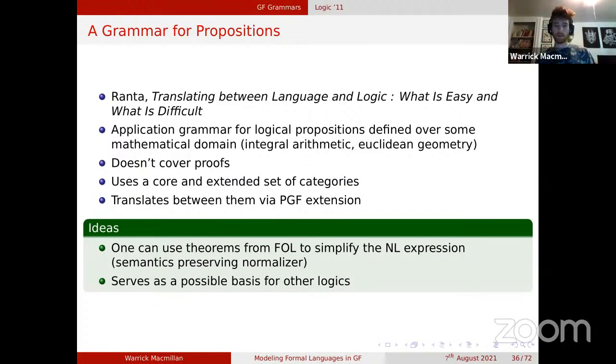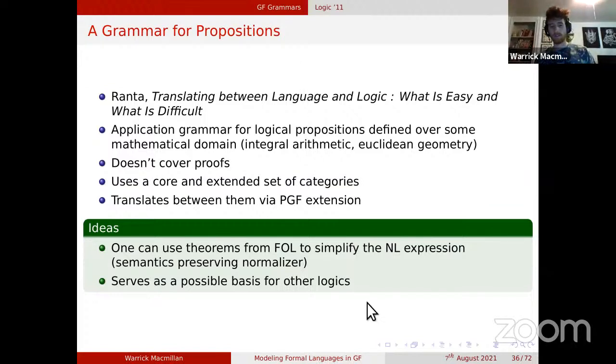It uses a core and extended set of categories, so it translates via PGF. So hopefully this serves as a prelude for what PGF can do, which you'll see later with Inari's talk, but let's just say that it's a way of translating between semantically coherent and syntactically representative phrases.